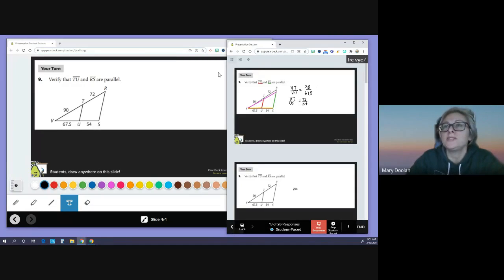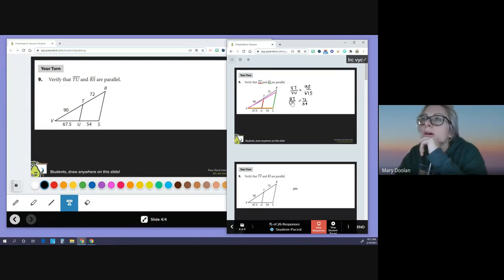Okay. So right here, this first person, they put some color all over the triangle. I like that. And they wrote that VT is to VU. So they wrote a proportion with these two sides. And then they went, no, that's RT.